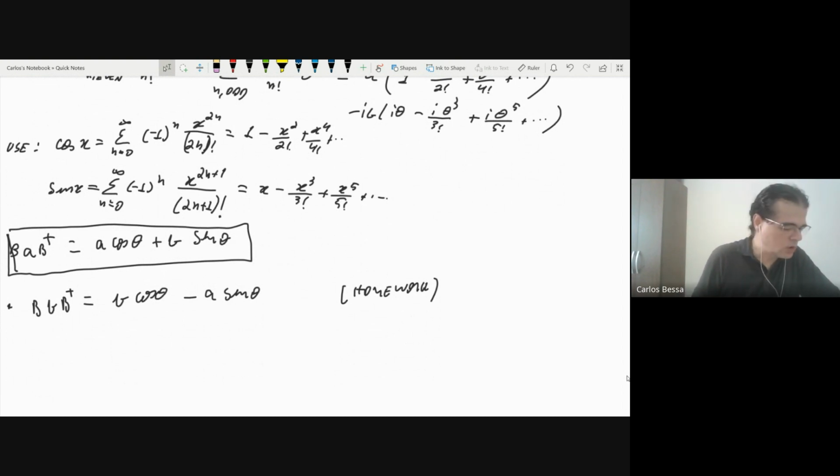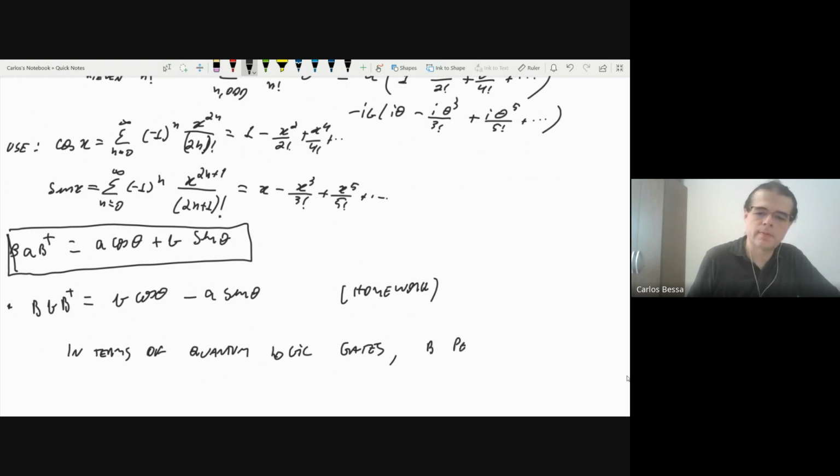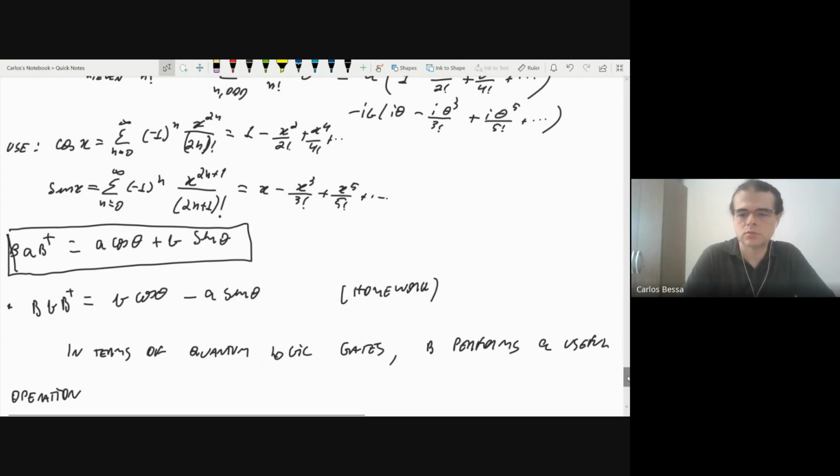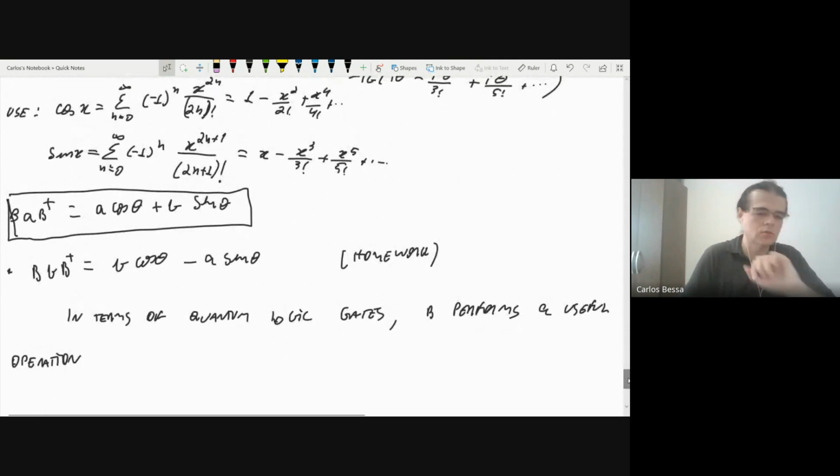So in terms of quantum logic gates, B performs a useful operation. Let's see here.